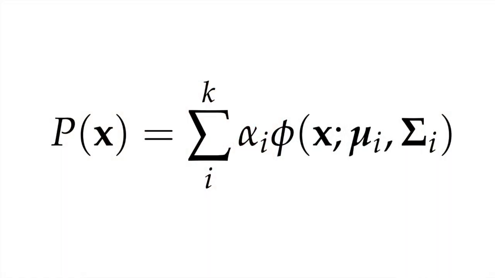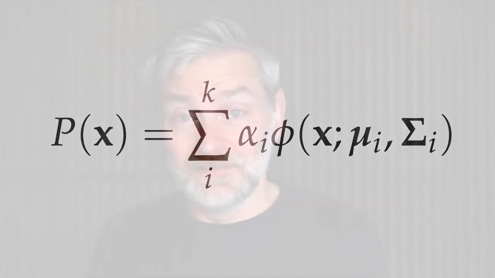In this case, the weights for each of the distributions, represented by the alpha i, correspond to the probability of an observation being drawn from any of the particular classes. Given a large enough number of these distributional blobs for the separate Gaussians k, you can use this to represent an arbitrarily complex distribution.